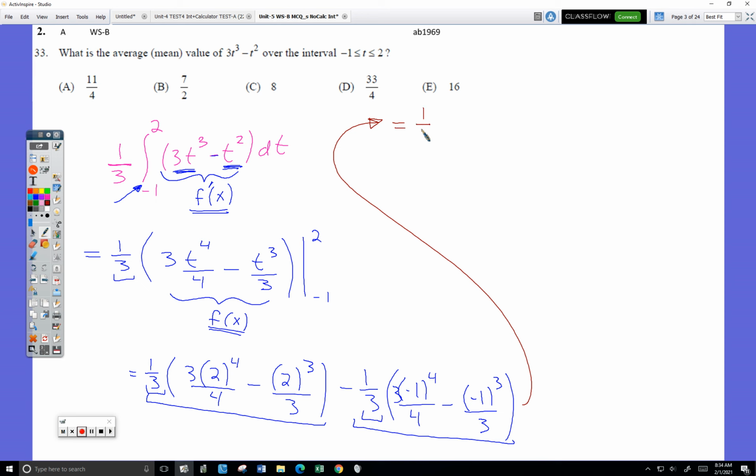We can pull out the 1/3. Oh boy, 2 to the 4th is 16. 16 divided by 4 would be 4. 4 times 3 is 12. 2 cubed is 8, so that's 8/3.